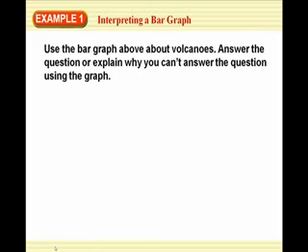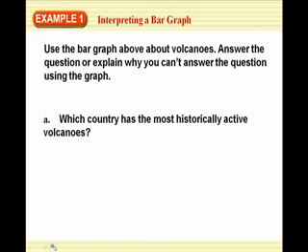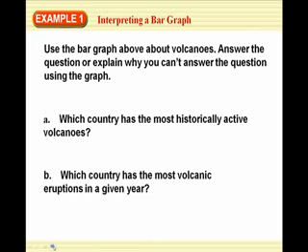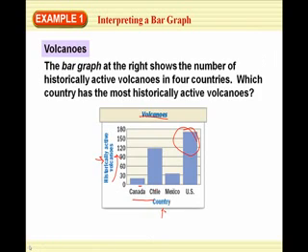So it says use the bar graph above about volcanoes, answer the question, or explain why you can't answer it. Which country has the most historically active volcanoes? And which country has the most volcanic eruptions in a given year? Well, we already answered the one with the most.